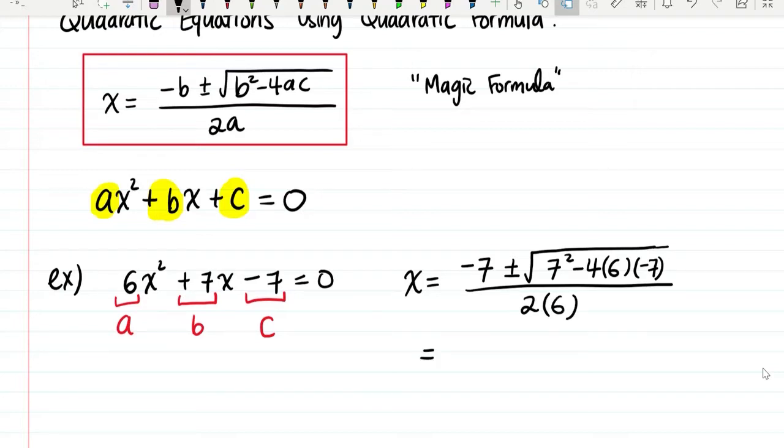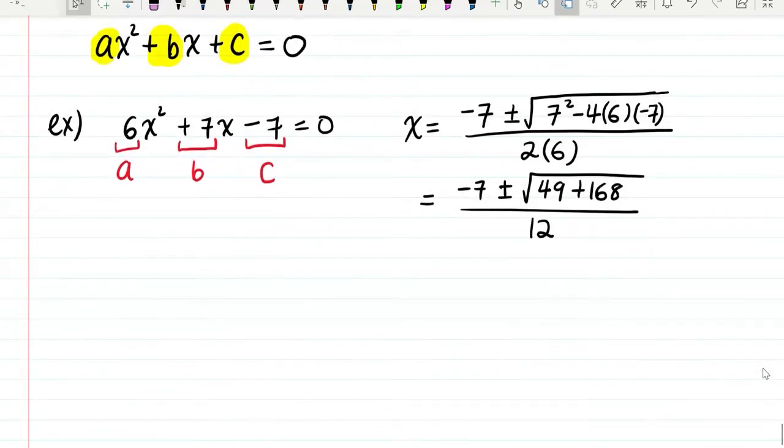Let's put these numbers into the calculator. So negative 7 plus minus the square root of 49, and 4 times 6 times negative 7 is going to be 168. So it will be 168 inside the bracket, square root, and divided by 12. 168 plus 49 is 217, so negative 7 plus minus the square root of 217.